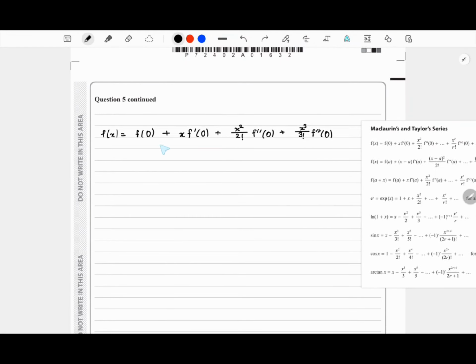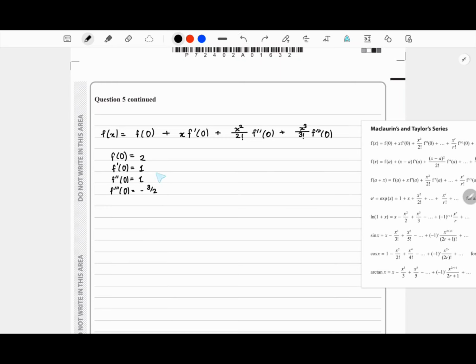This is the formula we will be using, and we know the value of y at x equals 0 is 2, and that of dy by dx is 1, and we calculated that d square y by dx square is 1 at x equals 0, and finally d cube y by dx cube is minus 3 by 2.